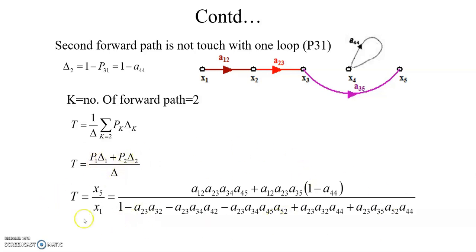Here is the final transfer function for the given signal flow graph model, that is x5 by x1.